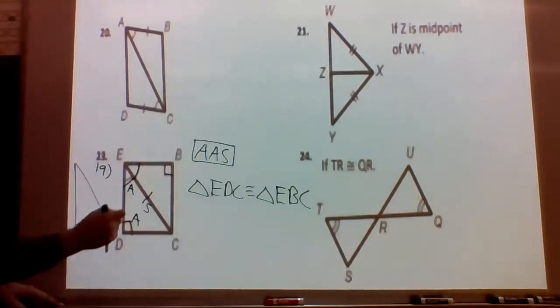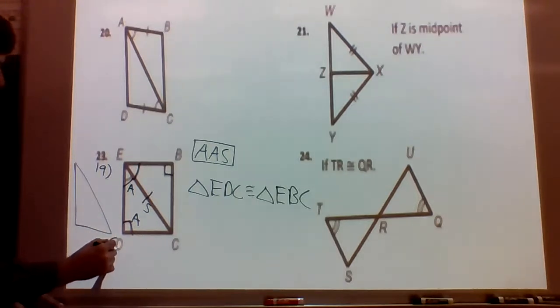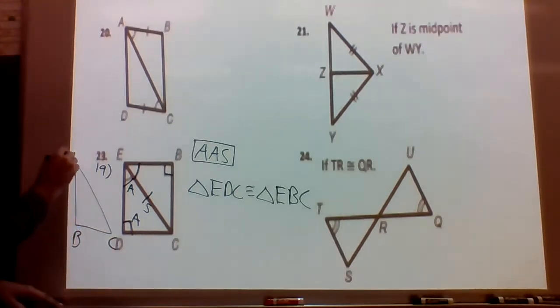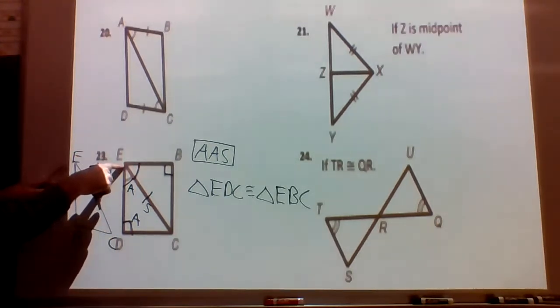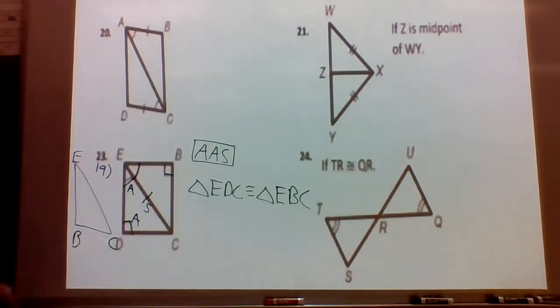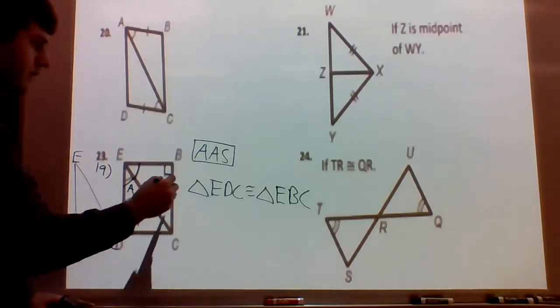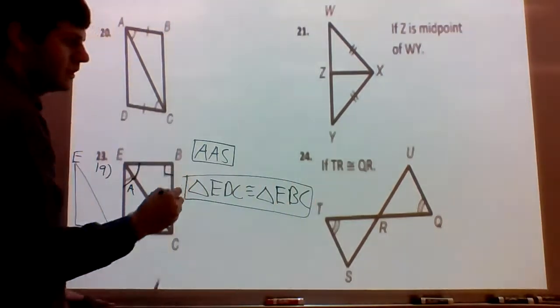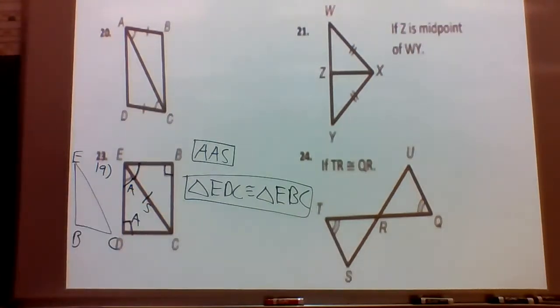If we flipped it over, we would have C, B, E. So E and E, D and B, and then C and C. Triangle EDC is congruent to triangle EBC. I don't like that one just based on how it looks.